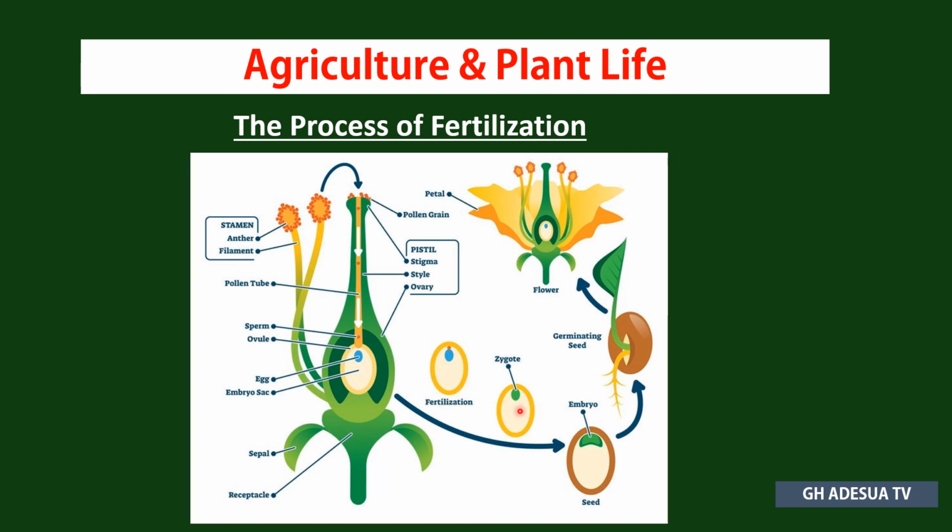It binds together, forms one component called the zygote. Then the zygote grows into an embryo, and the embryo is located in a seed. Then, upon arriving at a favorable condition, germination begins, and then a flower will eventually emerge. So this is the process of fertilization.